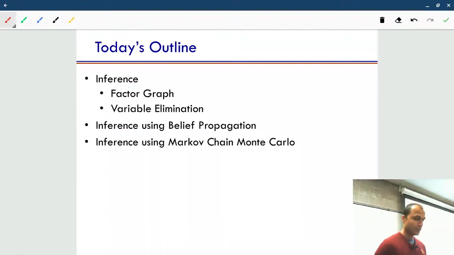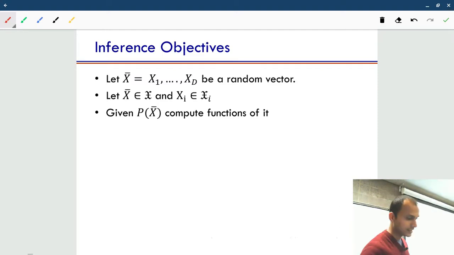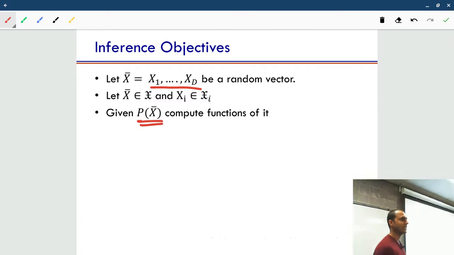Anyway, for that, we'll start with the first few minutes on understanding what a factor graph is, and then a very simple concept called variable elimination, to do inference. So what is inference itself? Let's say we have a d-dimensional random vector, x1 to xd, and you have been given a distribution over these d random variables.